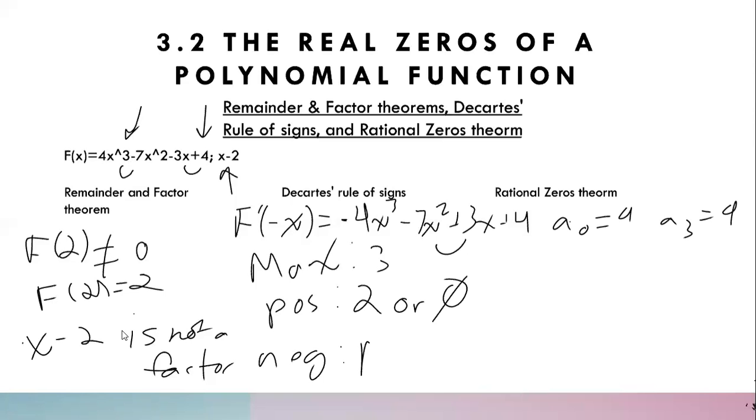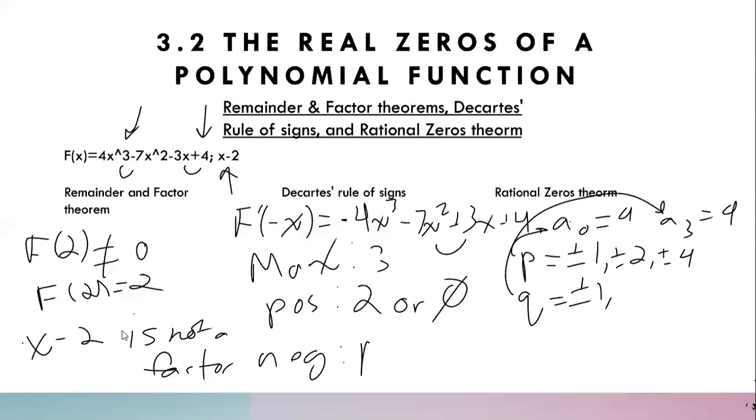Then we change that to p, which is a sub 0, and we factor 4 out, so you get plus or minus 1, plus or minus 2, and plus or minus 4. And then you have q, which is a sub 3, which has the same factors.